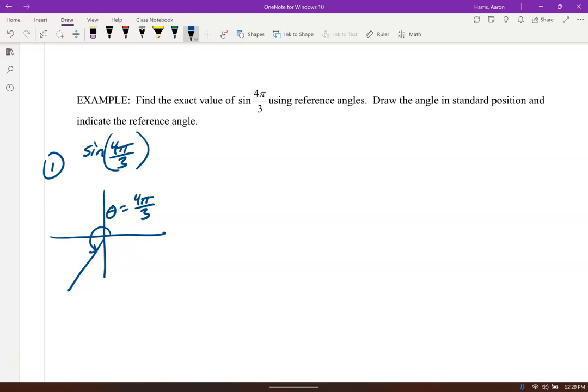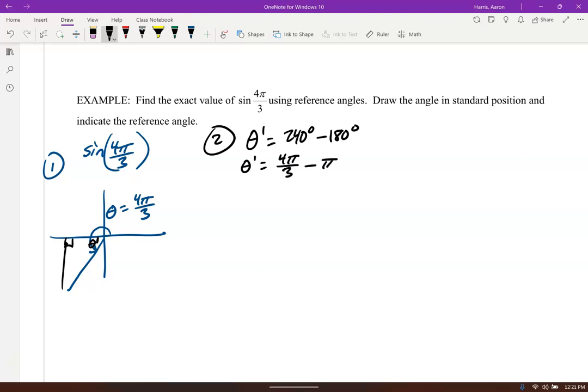Number one, let's draw the thing. Number two, let's go ahead and find the reference angle on this. So theta prime would be 240 degrees, if you're doing it with degrees, minus the 180. In this case, it'd be 4 pi thirds minus pi if you do this with radians.